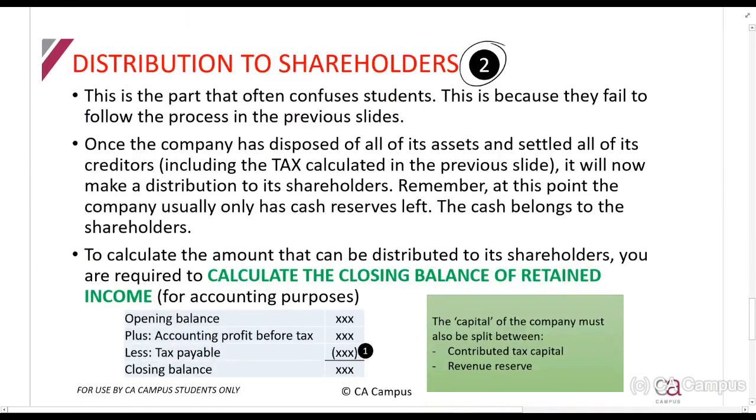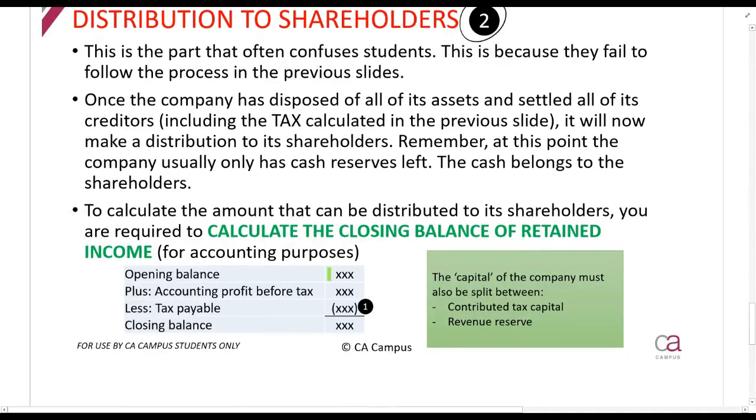Now, the distribution to the shareholders, like I said to you, can only be dividends or contributed tax capital. The calculation that you want to perform is opening balance plus accounting profit before tax less our tax payable. This is the important part. You have to be able to do this.